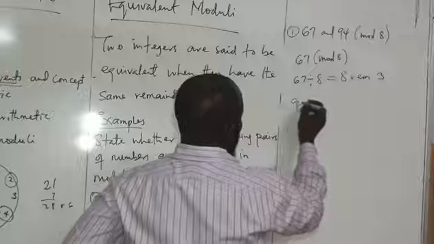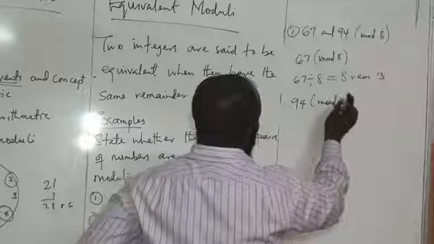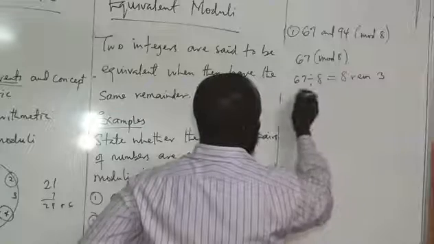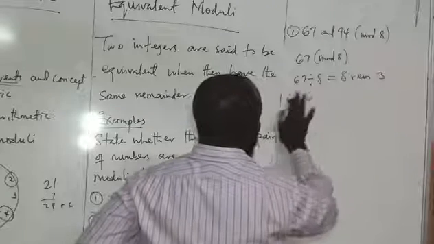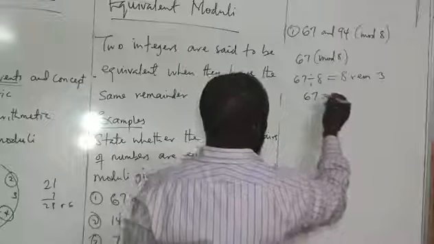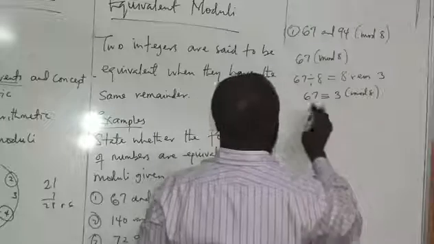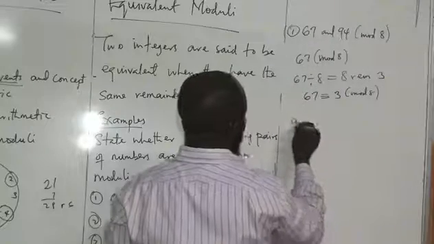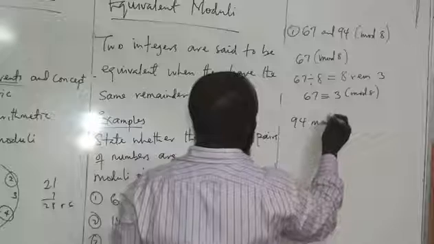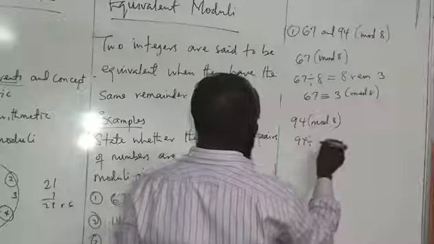So we look at 94 again, 94 in mod 8 now. That means 67 is equivalent to 3 in mod 8. Then we confirm this again for 94 in mod 8. So that is 94 divided by 8.